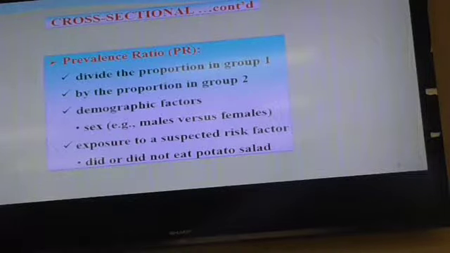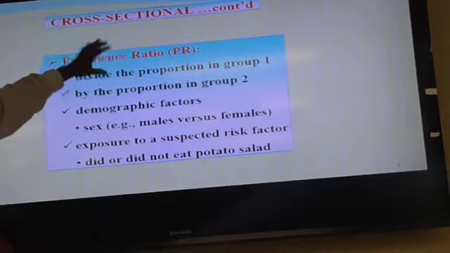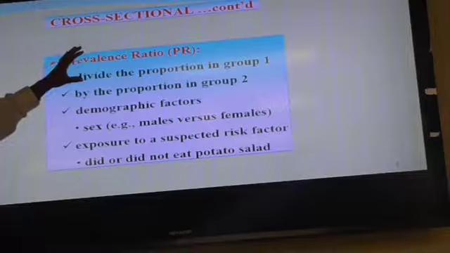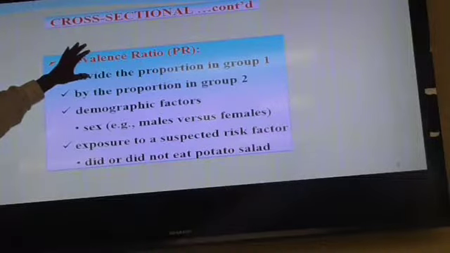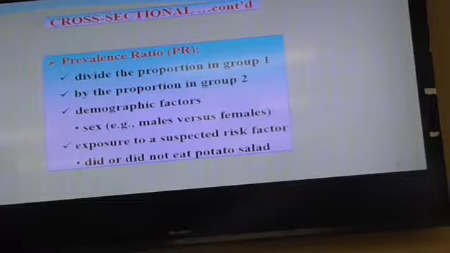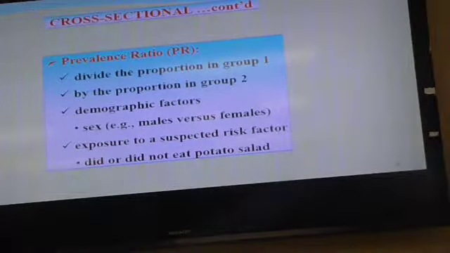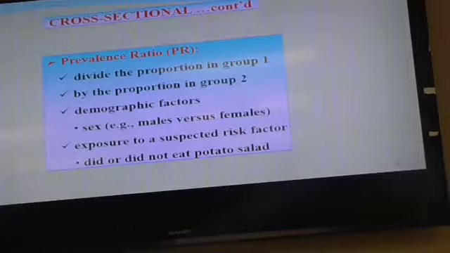Now, what we calculate in a cross-sectional study, as I said, cross-sectional studies measure prevalence. So what we calculate here is the prevalence ratio. That means we have what? We have two prevalences now. Prevalence in our group of interest, which is exposed, and prevalence in the other group, which is not exposed.